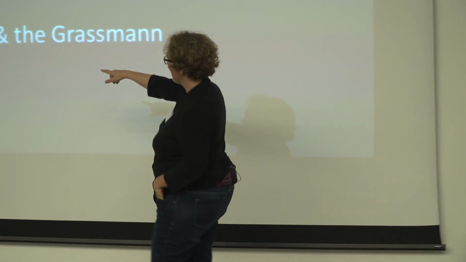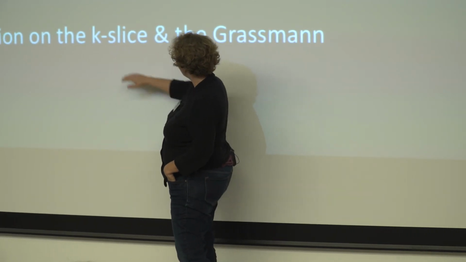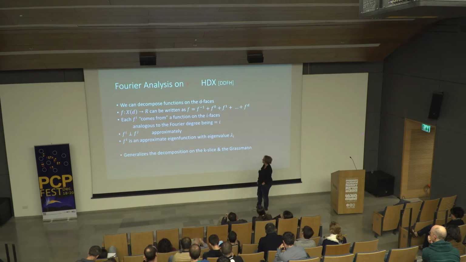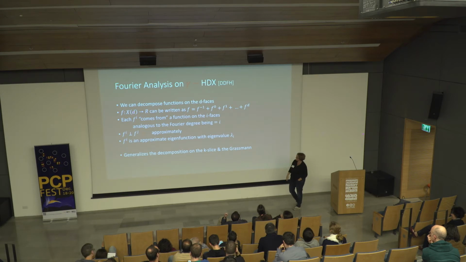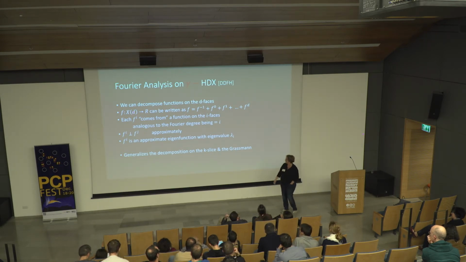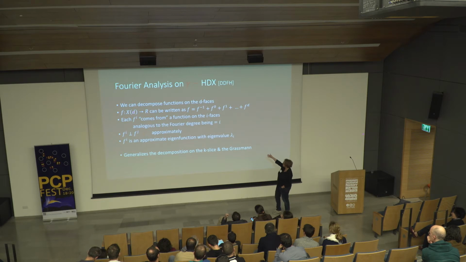So this generalizes the decomposition on the k-slice and also on the Grassmann. You can do Fourier analysis on the Grassmann like Dor mentioned, and you would get the same thing if you do it this way, looking at these up-down operators. This is more general, and I would love to see more examples. You can apply it to various posets, but there are a lot of things we don't understand here.